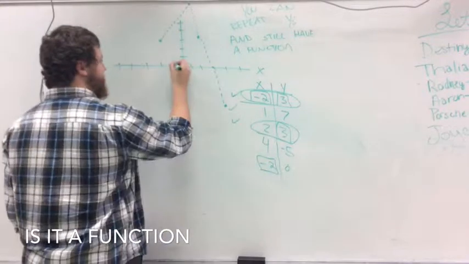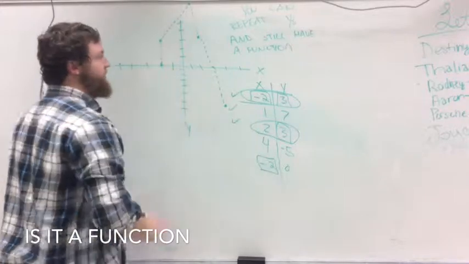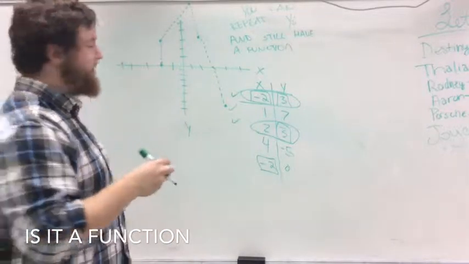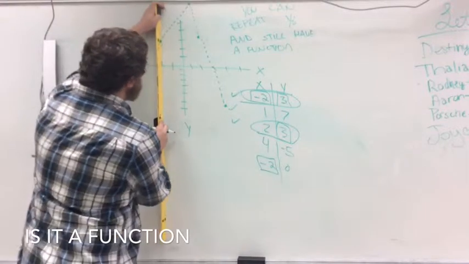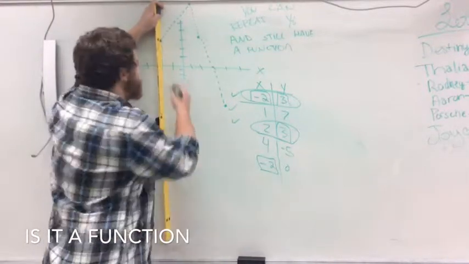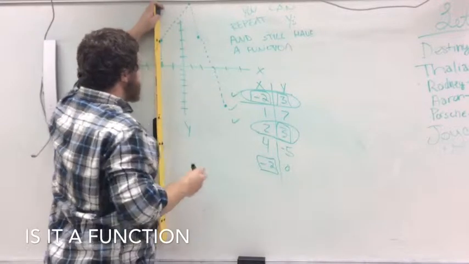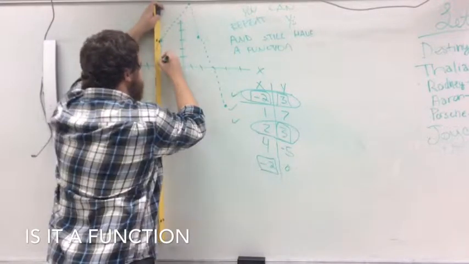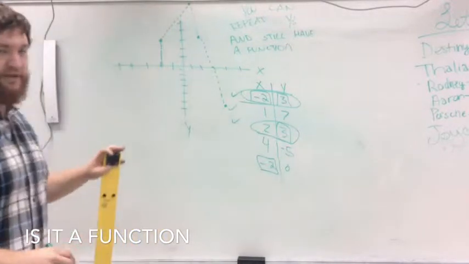-2, 0. Okay, does it look crazy? No, but is it a function? If I put a line at -2, how many times do I touch it? Well, I definitely touch it at the points where I put a point, right? So that's at least twice. But technically, I touch it at every single one of these little dots, so I touch it a million different times.